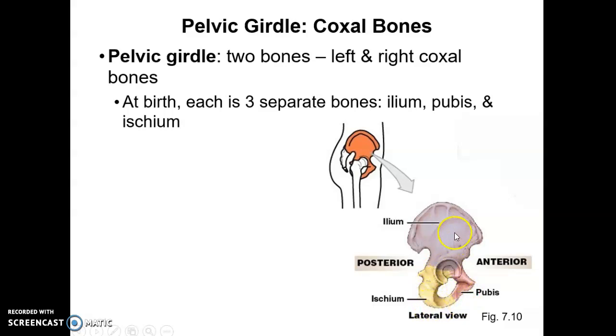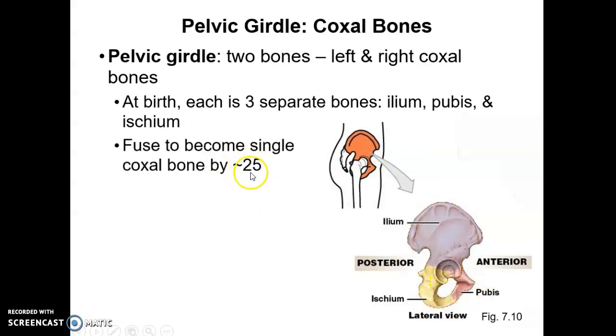So this is the right hip bone or coxal bone, notice here. And by about 25 years of age, they fully ossify and fuse together, meaning the cartilage between them becomes bone, and it's considered one bone, the hip bone or the coxal bone or os coxae. Okay? And this is the right hip bone, looking at it laterally from the side.